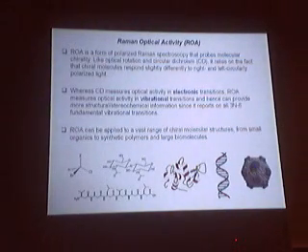Like conventional optical rotation and circular dichroism, it relies on the fact that chiral molecules respond slightly differently to right and left circularly polarized light. But whereas circular dichroism measures optical activity in electronic transitions, ROA measures optical activity in vibrational transitions.